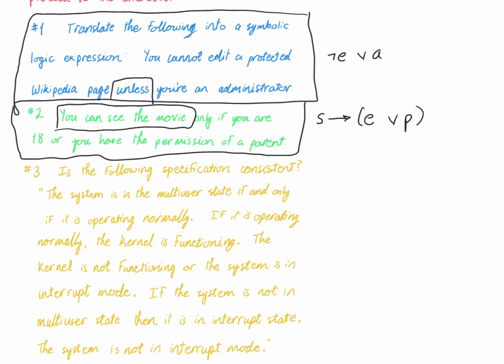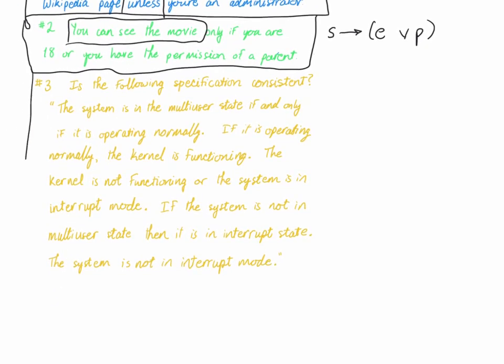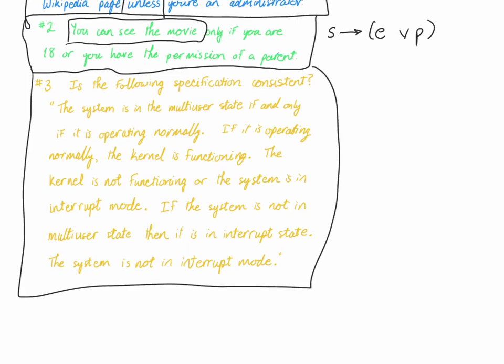So okay, let's move on to the third thing, and this is going to involve a whole bunch of symbolizing. So I'm going to be a little bit more careful about being explicit about what symbols I'm using for which propositions. So I'll say that the system is in the multi-user state is represented by S, and then I'll say that it's operating normally.